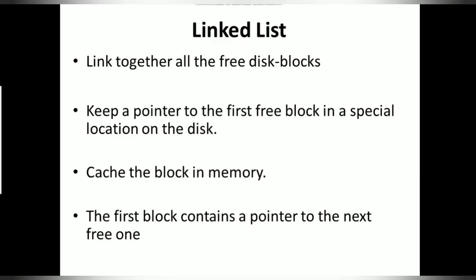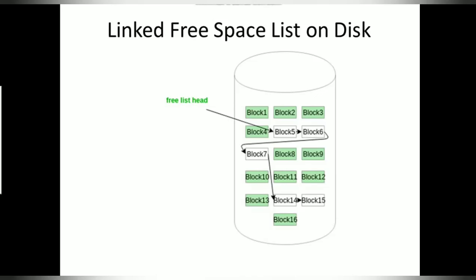Now let us see a small representation of the linked list of free space management. You can notice here that the very first free block, block number 5, is maintained in a separate location.